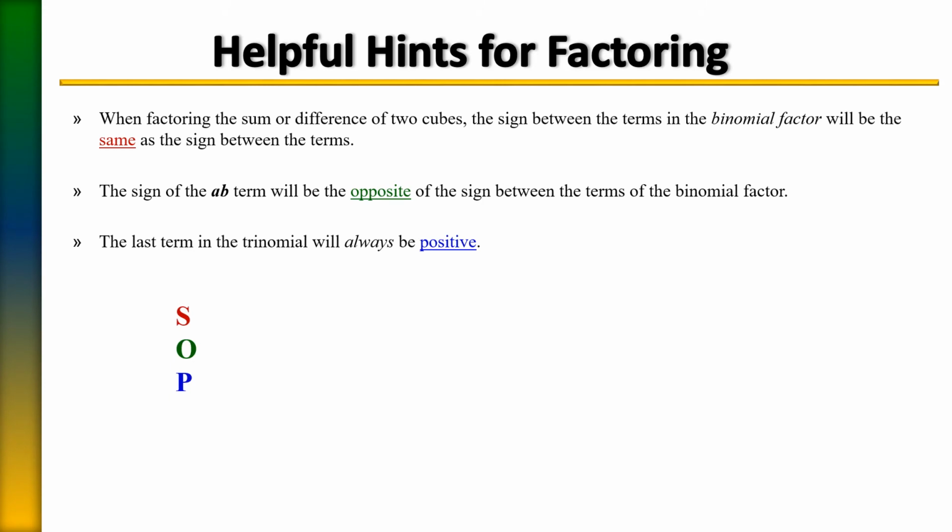How about the signs? Well, with the signs, all you have to remember is the acronym SOP. SOP stands for same, opposite, positive. So for example, if you have a sum of cubes, your first sign will be the same as your original sum of cubes.